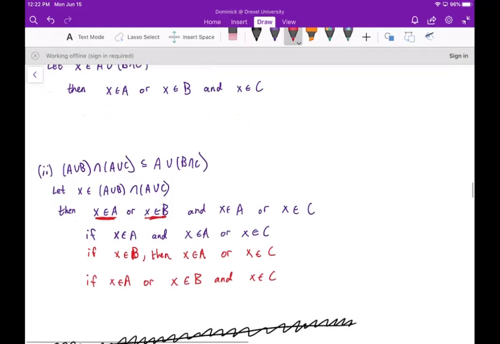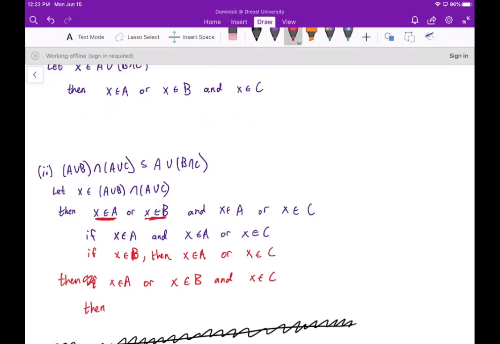And this, of course, is what we want to show. Then this means then X is in A union B intersect C, which of course is what we wanted to show.